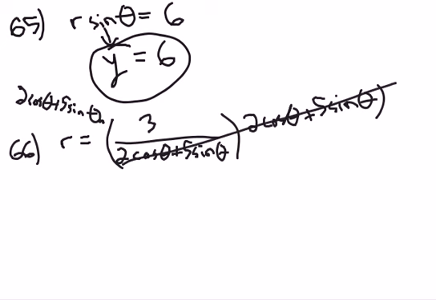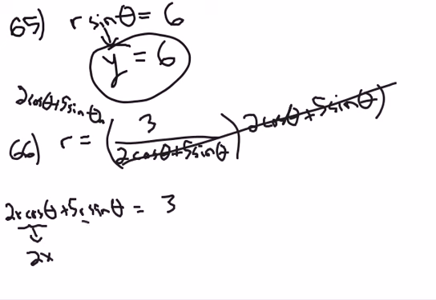Those will cancel, and I'll get 2r cosine theta plus 5r sine theta. But this here is exactly x, and this here is exactly y. So that is my answer.